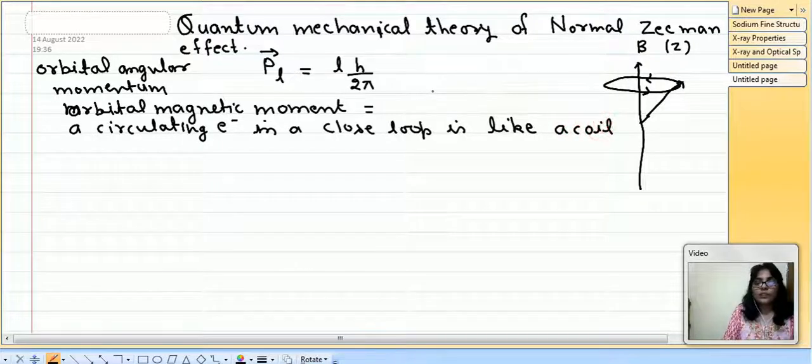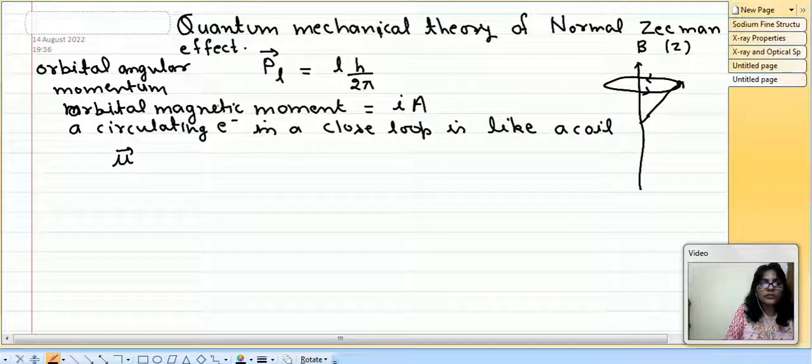So one side of the coil will act like a north pole and the other side will act like a south pole. And the orbital magnetic moment associated with this coil is given as I into A. So mu vector, which is the orbital magnetic moment, is equal to I into A.